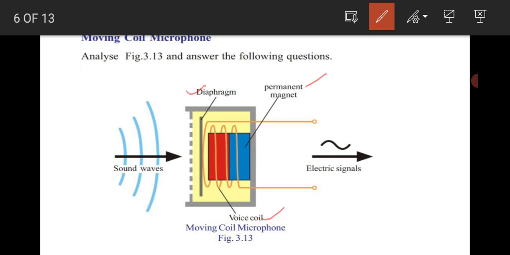When the sound waves come from our mouth and hit the diaphragm, the diaphragm vibrates, and the voice coil also vibrates in accordance with the diaphragm. Due to the vibration of the voice coil in the field of the permanent magnet, the voice coil produces electrical signals as per the vibration of the diaphragm. That is how sound waves are converted into electrical signals.